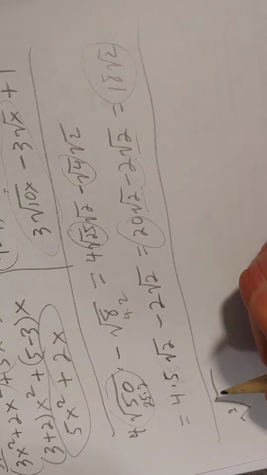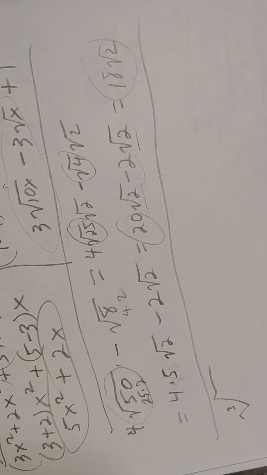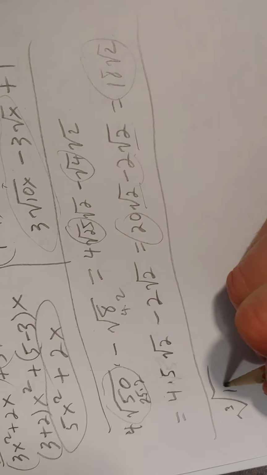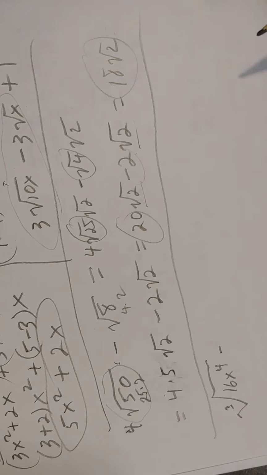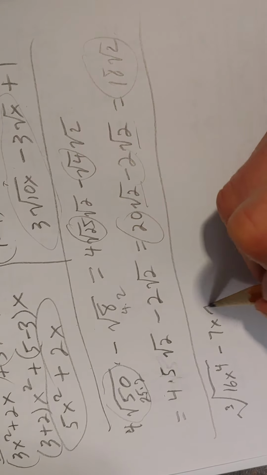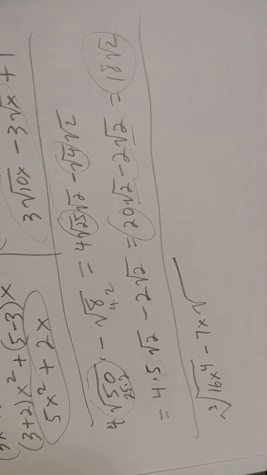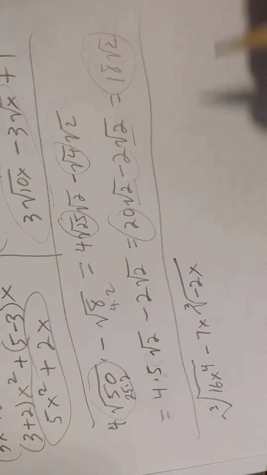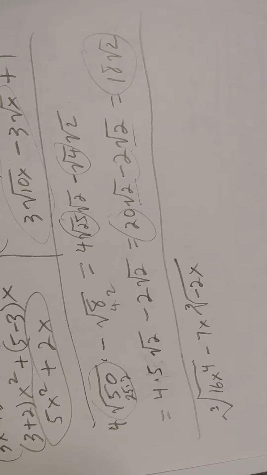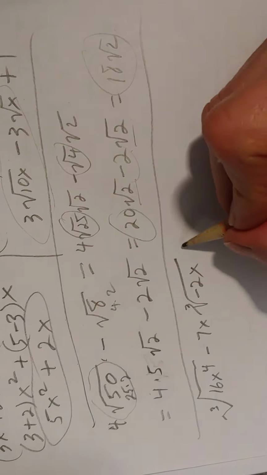It's the cube root of 16x to the fourth minus 7x times the cube root of negative 2x plus the cube root of 54x.